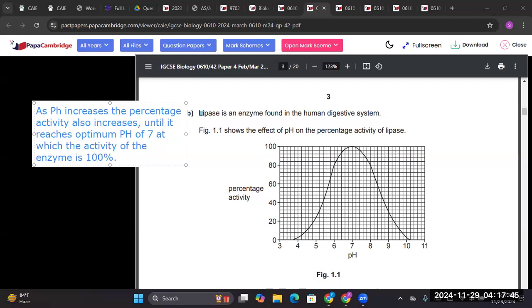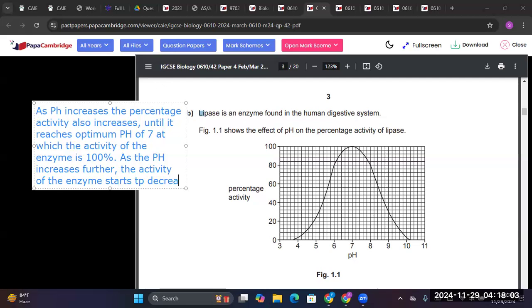As the pH increases further after the optimum pH, the activity of the enzyme starts to decrease again.